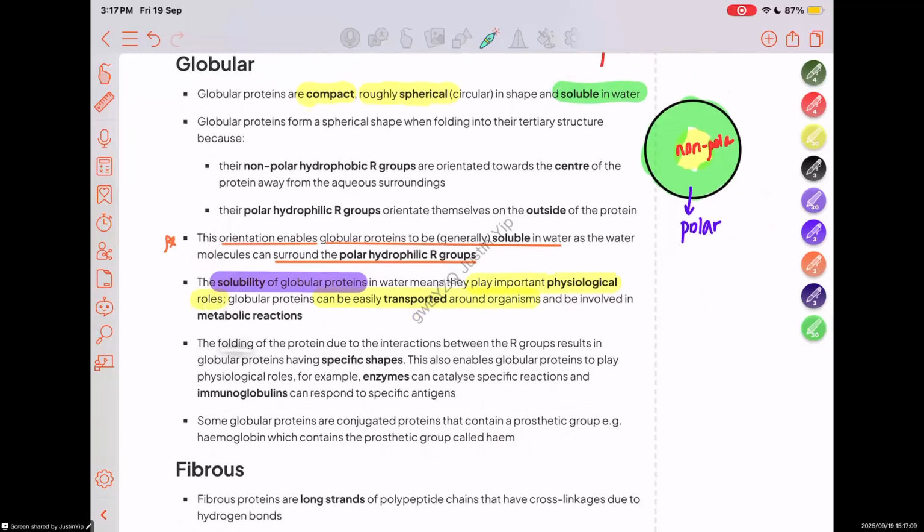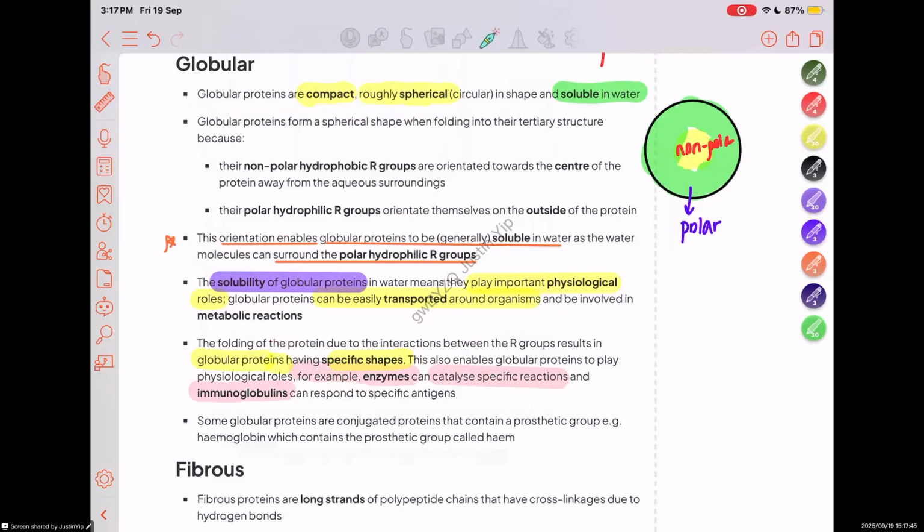The folding of the protein, due to interactions between R groups, results in globular proteins having specific shapes. Specific shapes refer to examples like enzymes. Enzymes have a specific shape so that they can catalyze specific reactions, and immunoglobulins can respond to a specific antigen.